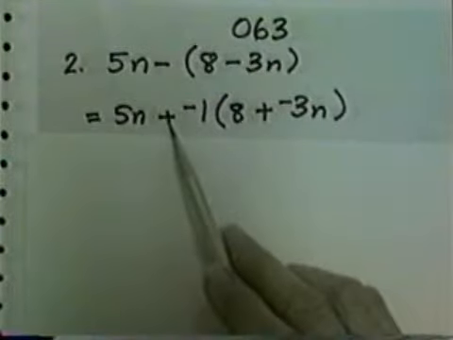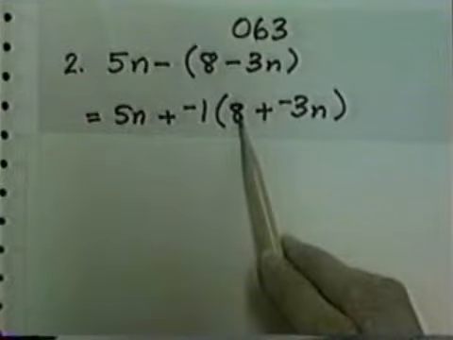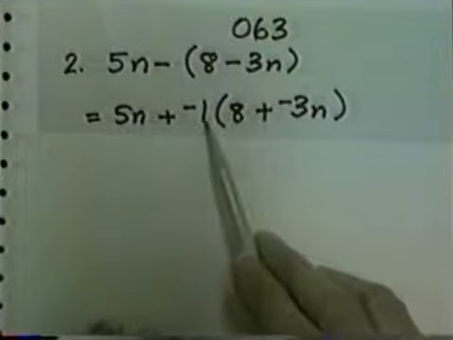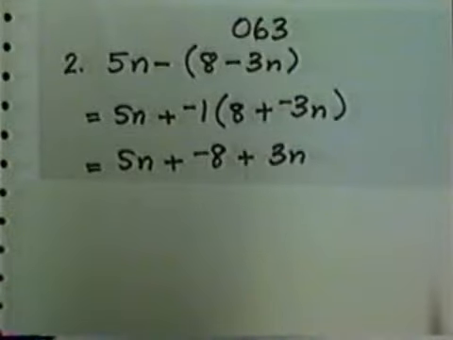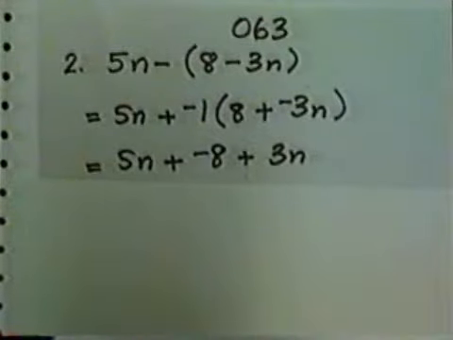Now we have add and multiply. We multiply first. Multiply -1 times 8, we get -8. Multiply -1 times -3n, we get positive 3n. And so we have 5n plus -8 plus 3n. Now it's all adding. We find the like terms.